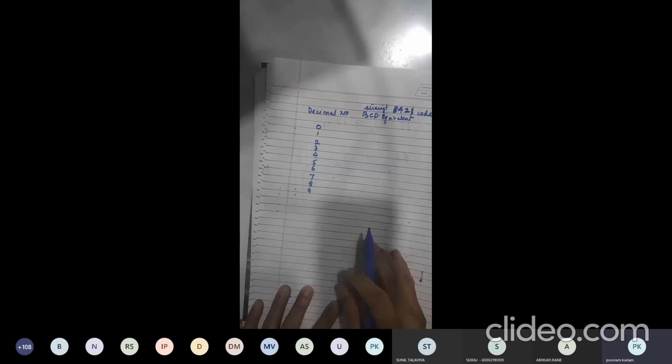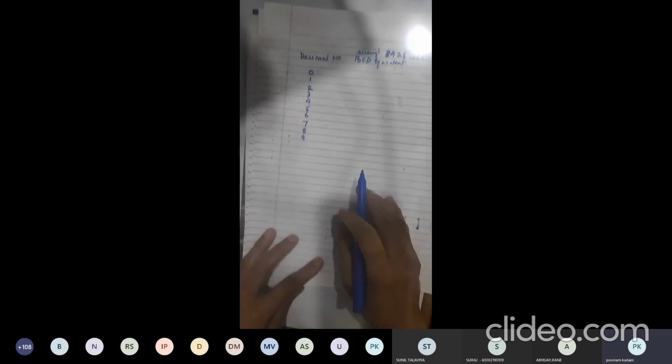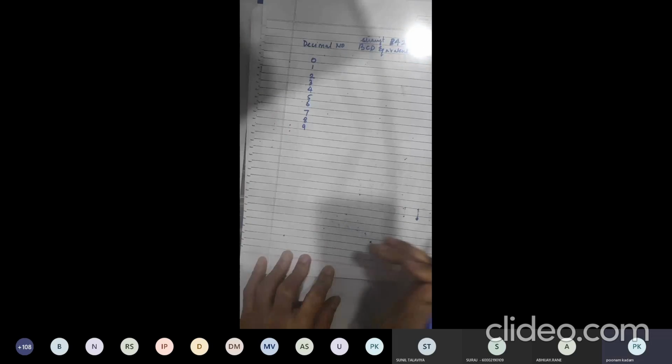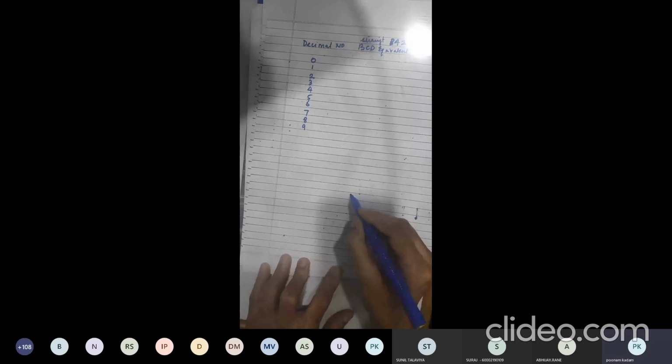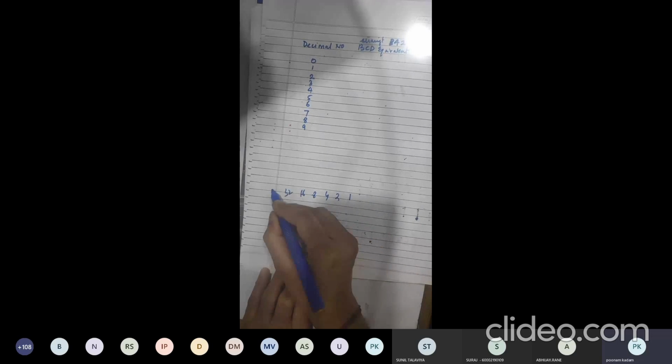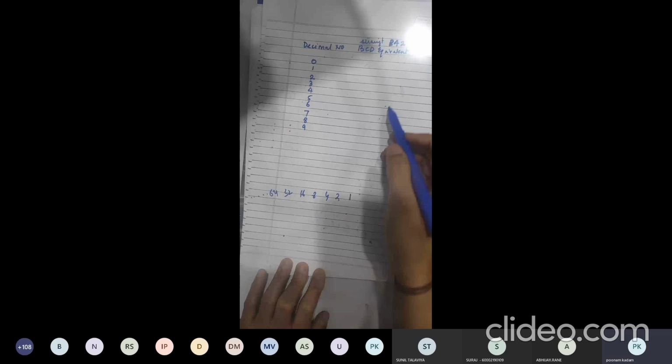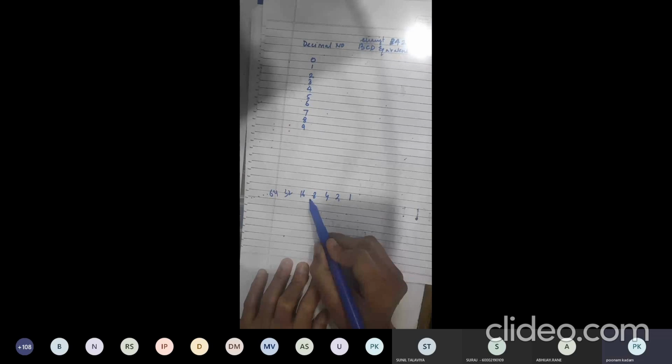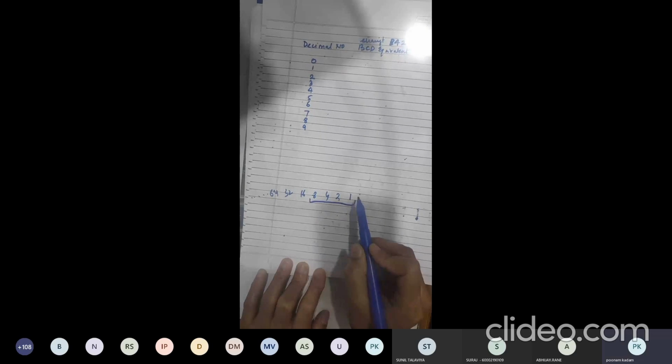If you relate this with the weights associated with any binary number, it is 1, 2, 4, 8, 16, 32, 64, and it goes like this. So in a natural BCD code, the decimal numbers 0 to 9 are represented using the straight binary representation of these decimal numbers.